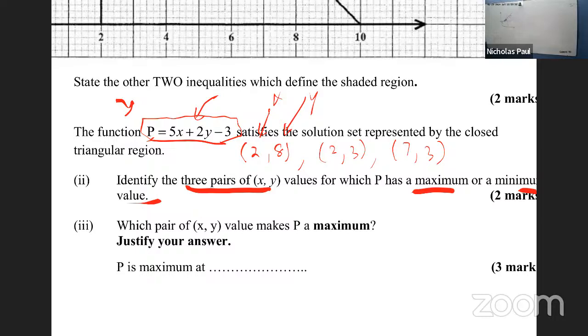Yeah, in my equation, and then do the same thing with 2 and 3. Let's see what's going to be the max.